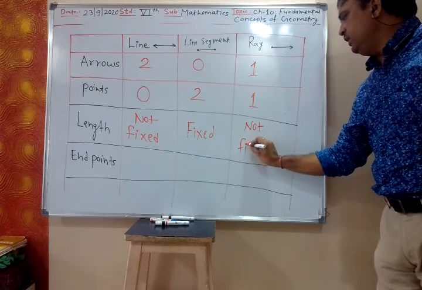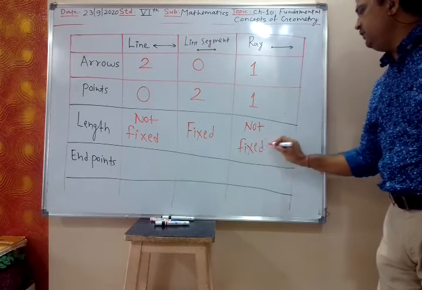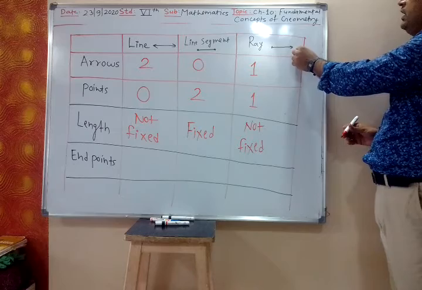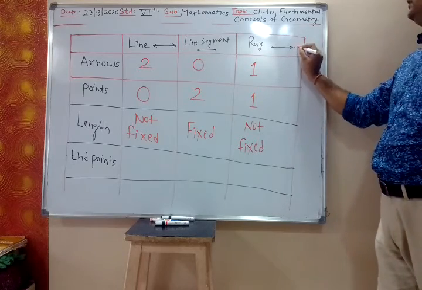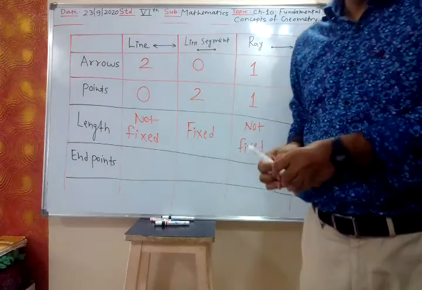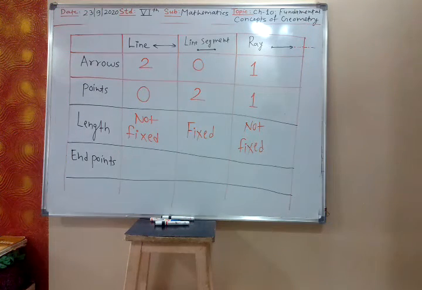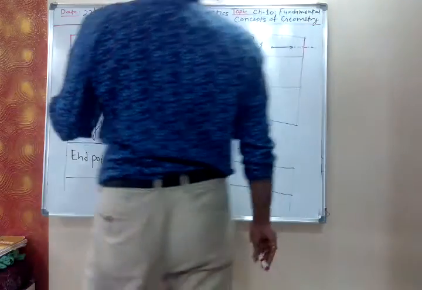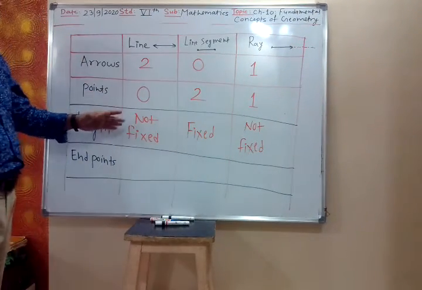The length is not fixed because this side can be extended. Is it clear? A ray is a part of the line.